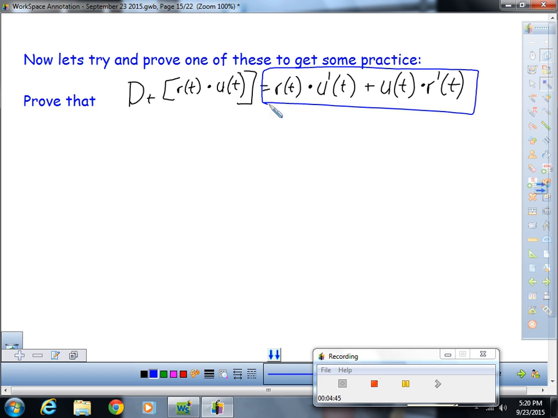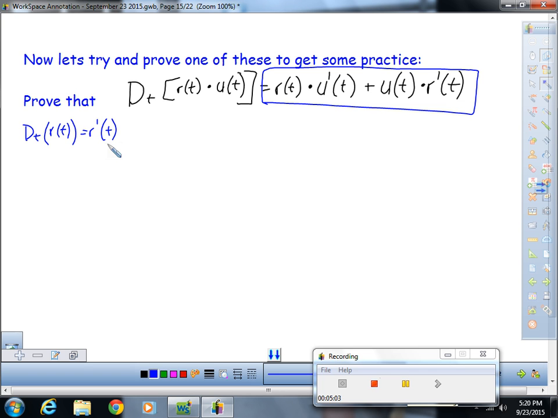First, let me just do some notation. The derivative of r of t we're going to call r prime of t. So just understand that.